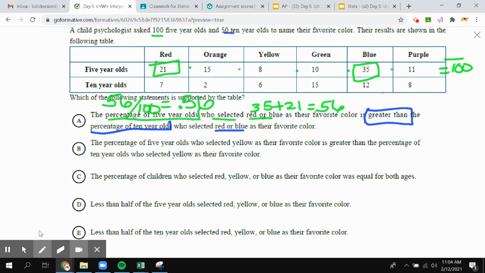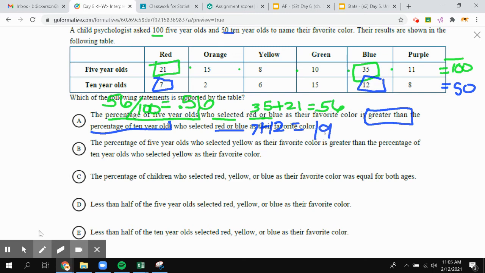We could add up the 10-year-old column and know that there's 50 here. Okay, and we're looking at red or blue. So again, we're going to combine red and blue here. So how many red or blue are there? That's 7 plus 12, which is 19.